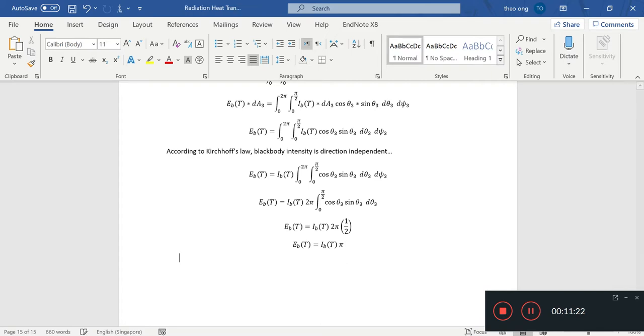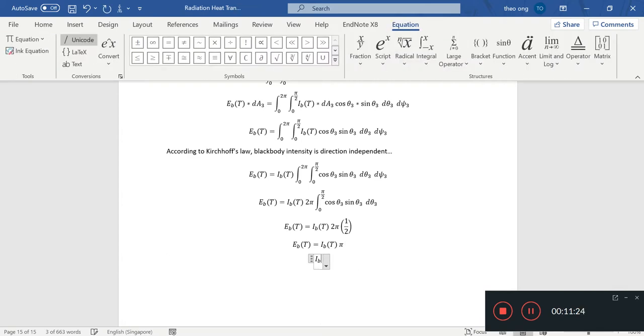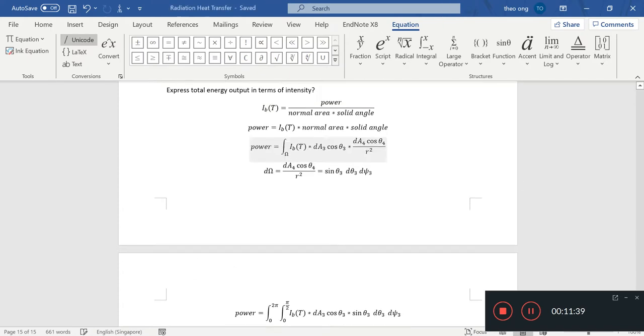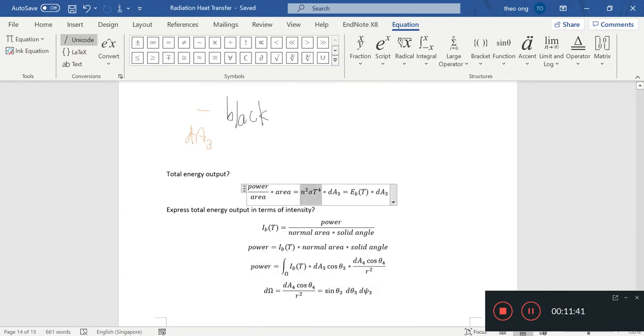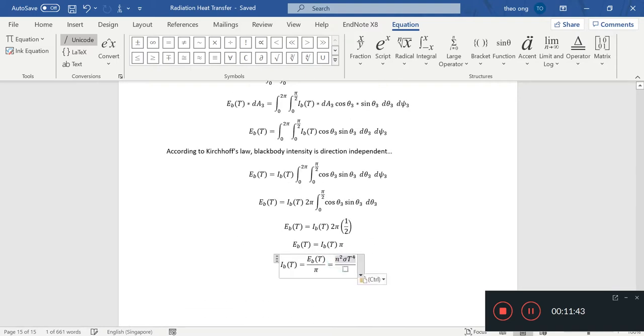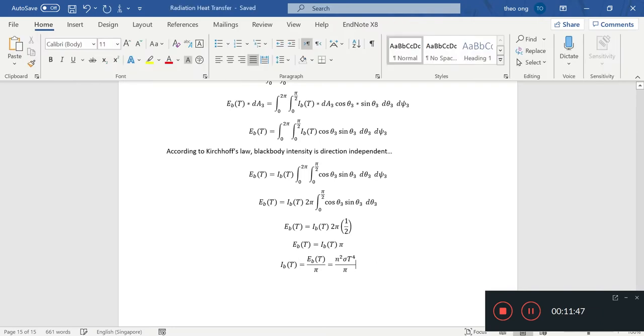So now we have an expression for IBT, and that is just EBT divided by pi. Very simple. So we have n squared sigma T to the 4th over pi.